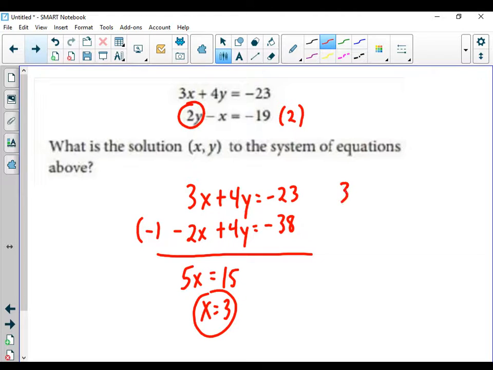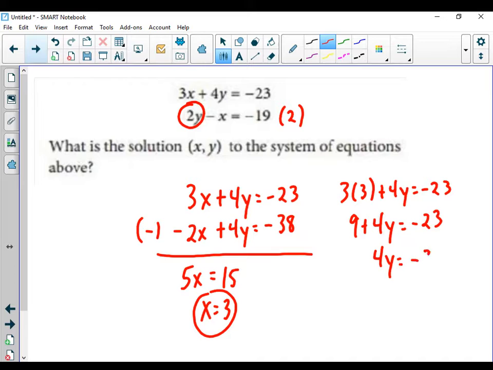If I plug it into the first equation and work through the steps, I get a y value that's equal to negative 8. So the solution, the x, y coordinates, would be (3, -8). That means if I were to graph those two lines, they would intersect at the point (3, -8).